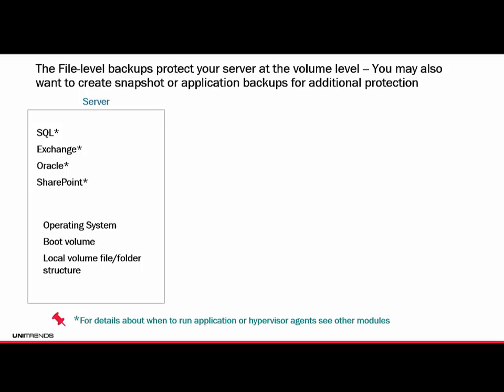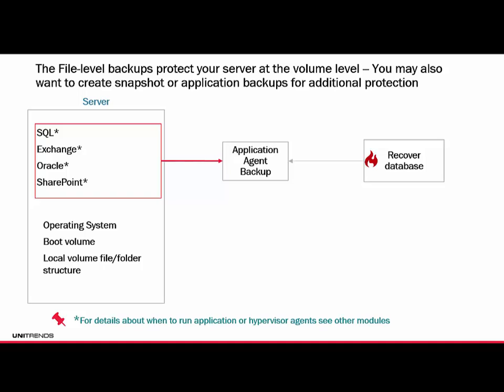And the additional application backups for additional protection refers to SQL, Exchange, Oracle, SharePoint, those application agent level backups. If you're running those applications, the file level agent does not grab those databases by default. If you run application agent backups, then you can recover those databases through the application agent backups.